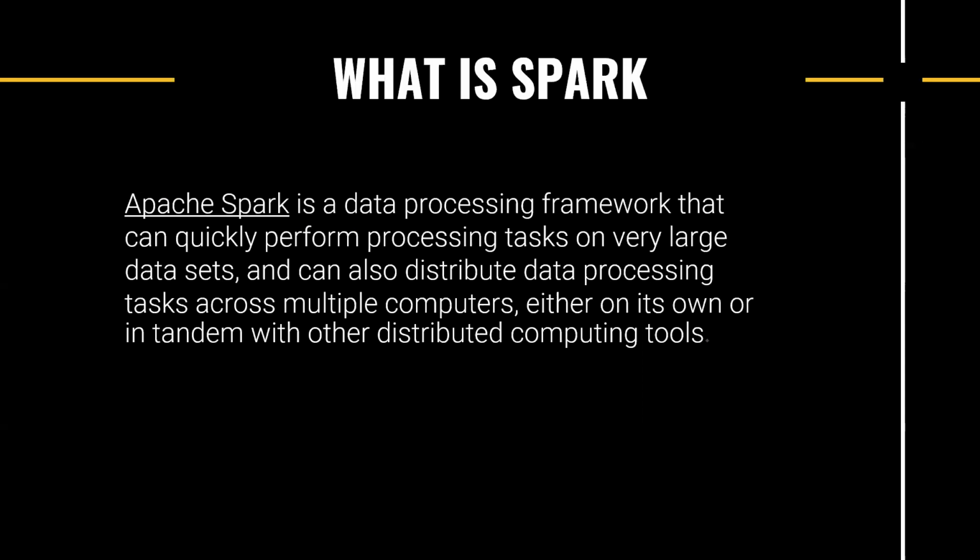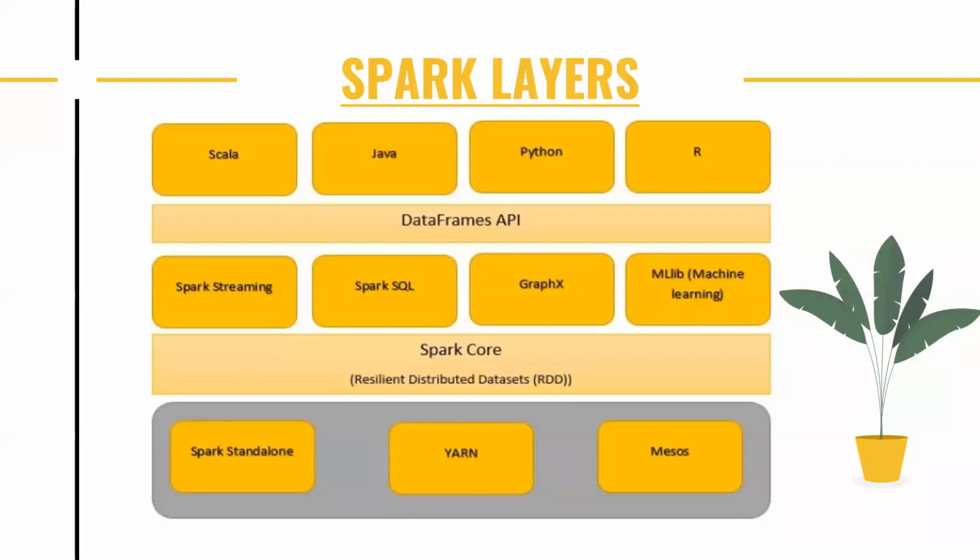So let's dig deeper into the different layers of Spark. The bottom layer is the cluster management. This is where Hadoop comes into the picture. We have different cluster managers provided, which are Spark standalone, next is Yarn, then Mesos, and Kubernetes is also there.